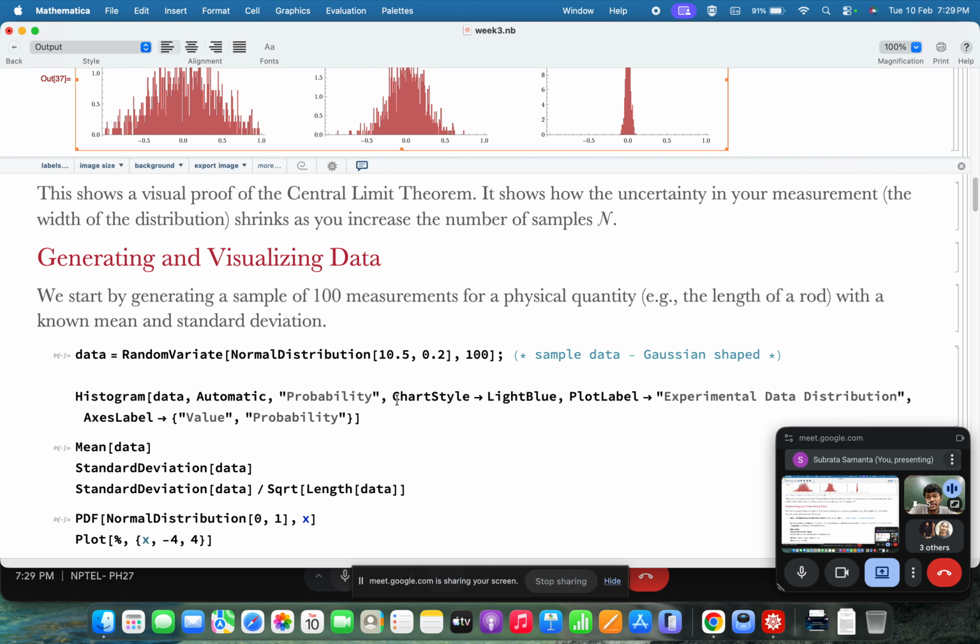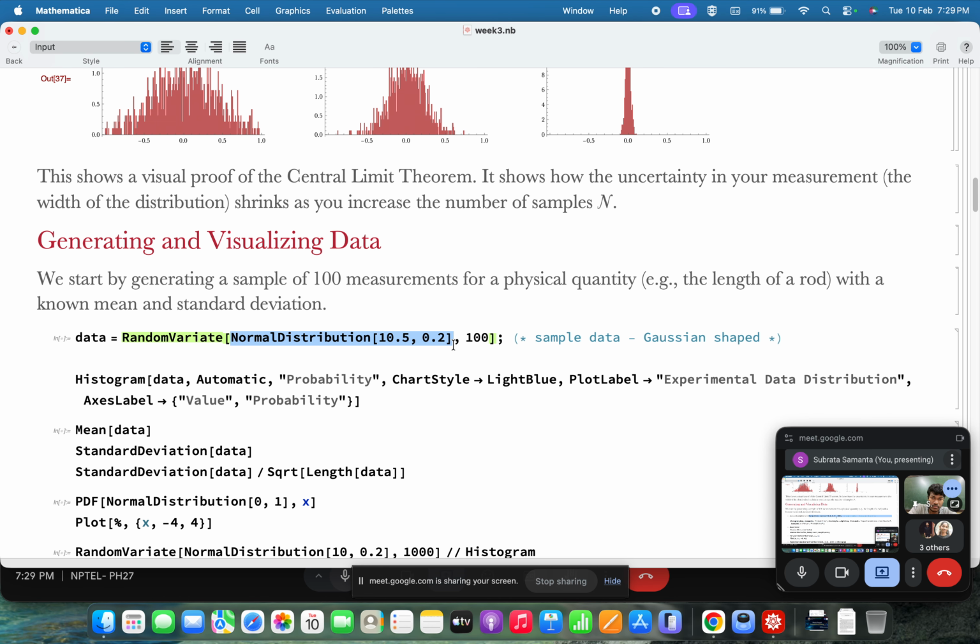First I generate this data set from this distribution, with a mean of 10.5 and a standard deviation sigma of 0.2. I generate 100 data points from this Gaussian-shaped distribution. This is random, because I randomly generate the data from this distribution.